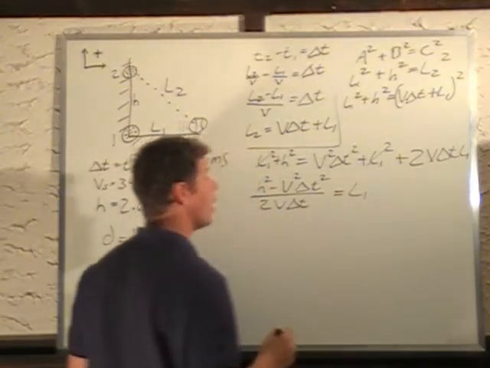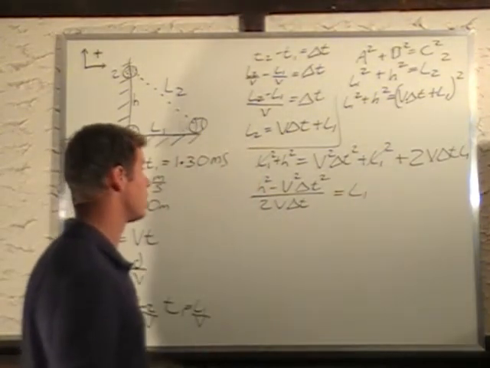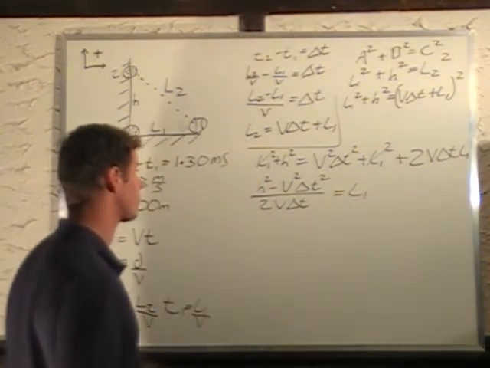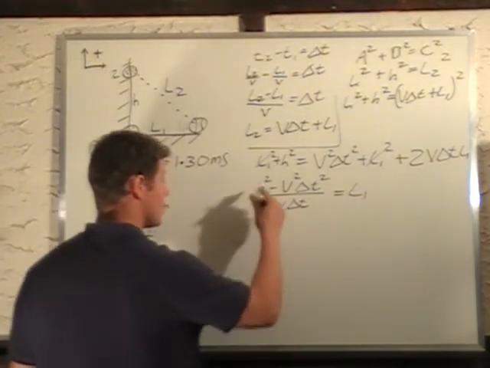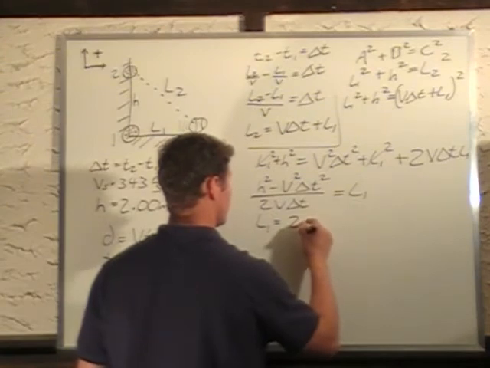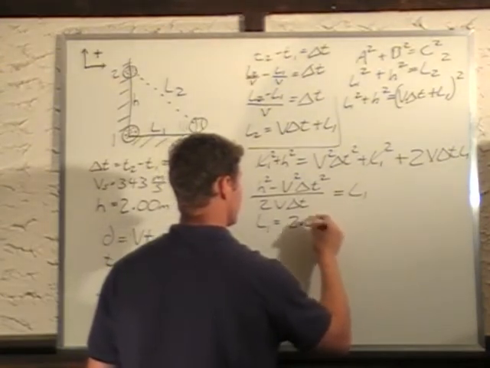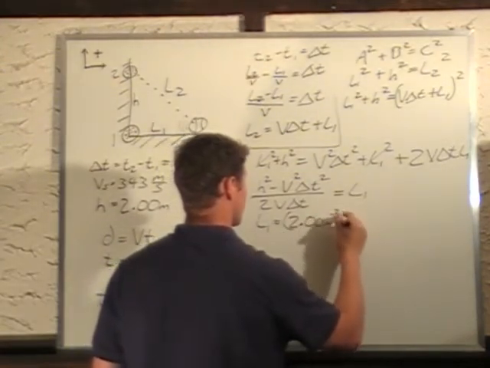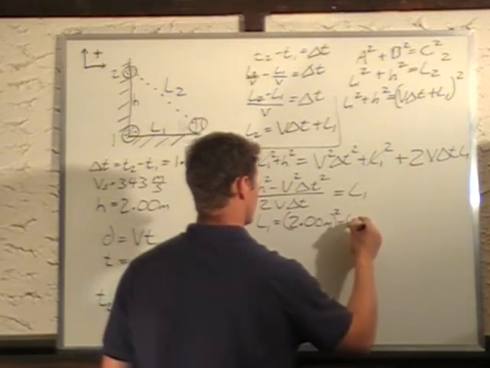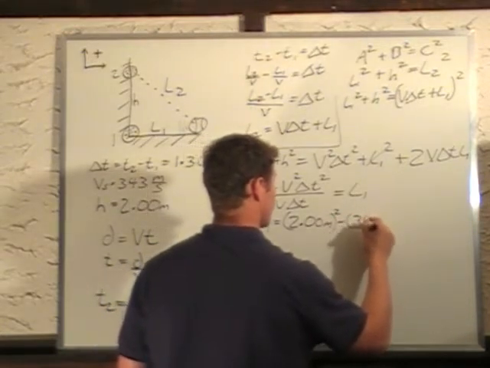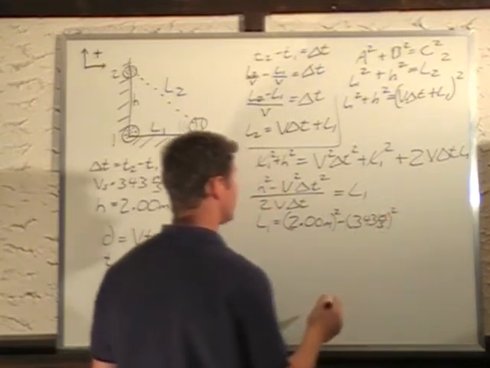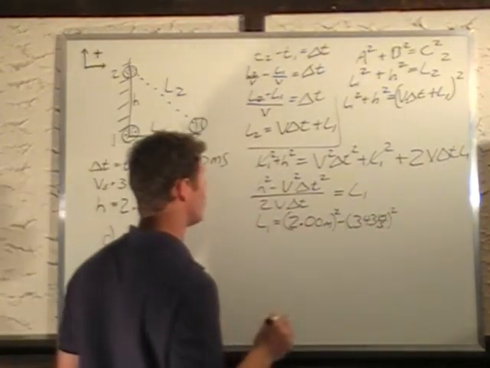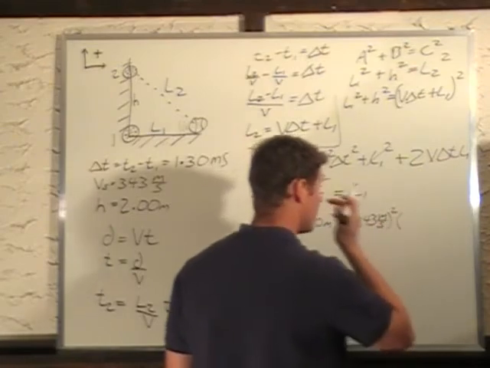That equals L1. If you have to do that algebra in multiple steps, that's fine. I'm just doing it all in one here. So if I plug all these numbers in, L1 equals the height of 2.00 meters squared, minus our velocity of 343 meters per second times our delta t of 1.30 milliseconds, squared.